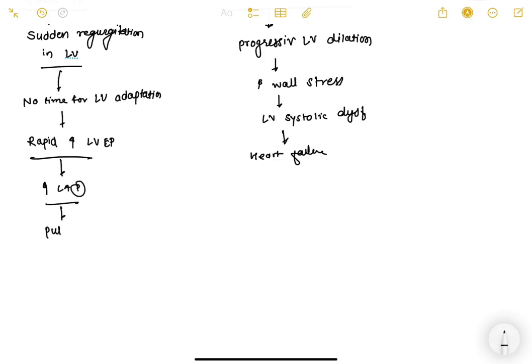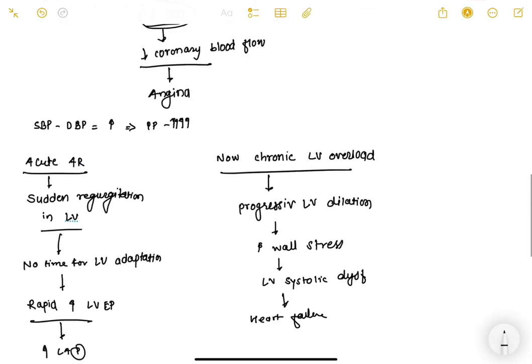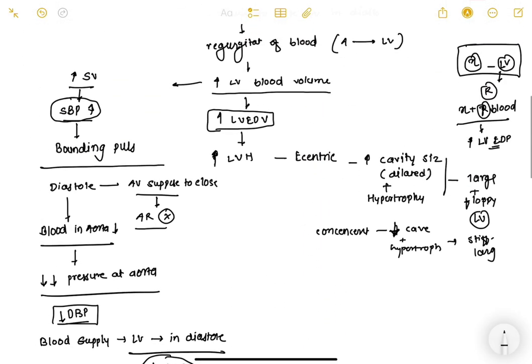So there will be pulmonary congestion, which leads to pulmonary edema and hypotension and cardiogenic shock. Okay, so this is the pathophysiology of aortic regurgitation.